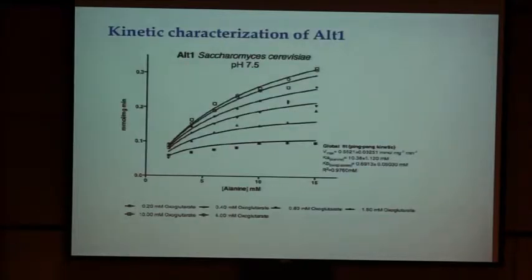In the case of L1, we used a normal protocol to purify this kind of protein with the His tag. The first thing that we did was a kinetic characterization. In this characterization, we know that this enzyme has a ping-pong kinetic that is characteristic of transaminases. And then we made all the calculations to get the kinetic parameters.